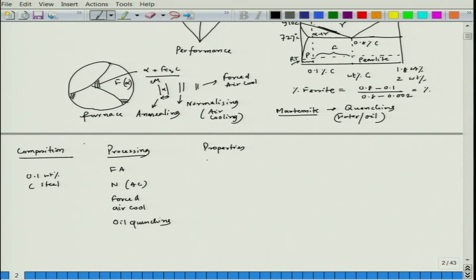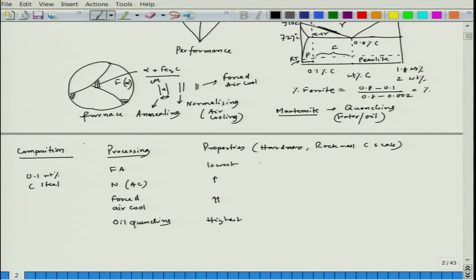Okay. And the fourth one we are doing oil quenching, let us say, fine. So, now if I see the property and let us say hardness, and let us say this is Rockwell C scale, where we use 150 kg load. Now, we will see that hardness would be the lowest here and here it will be the highest, and in between it will increase further.